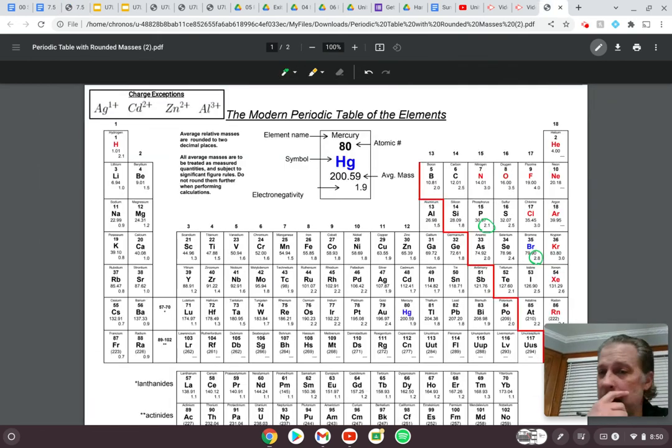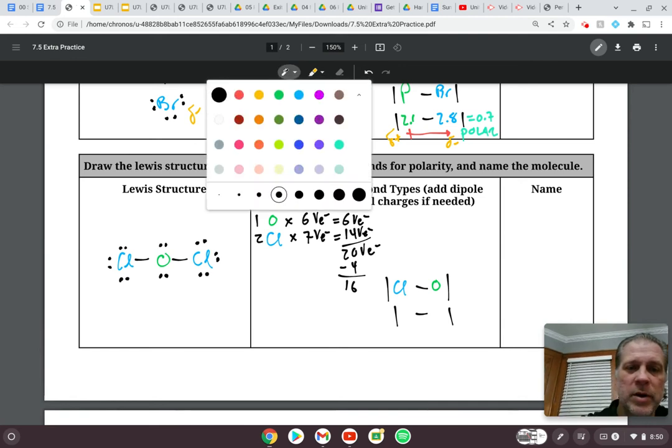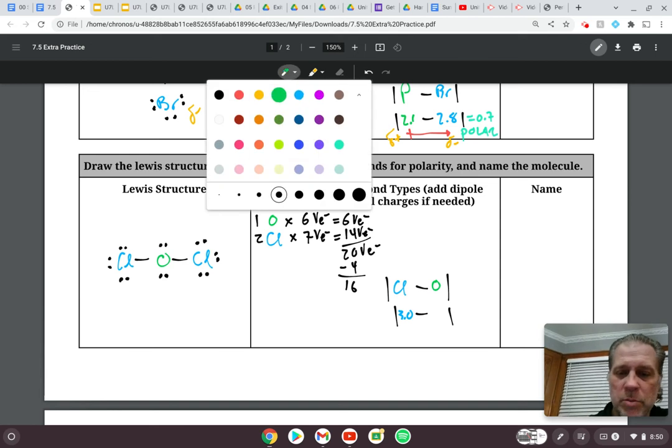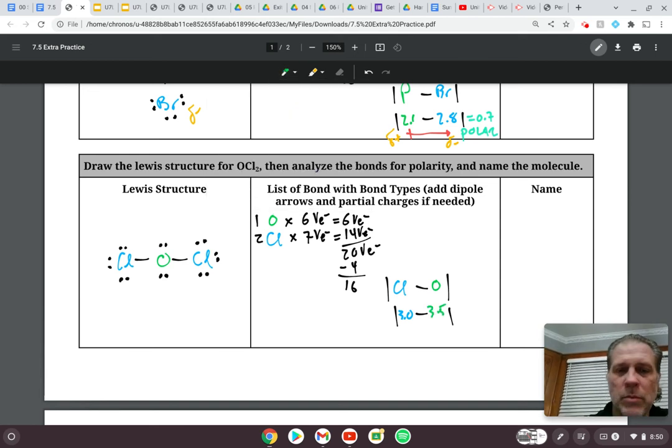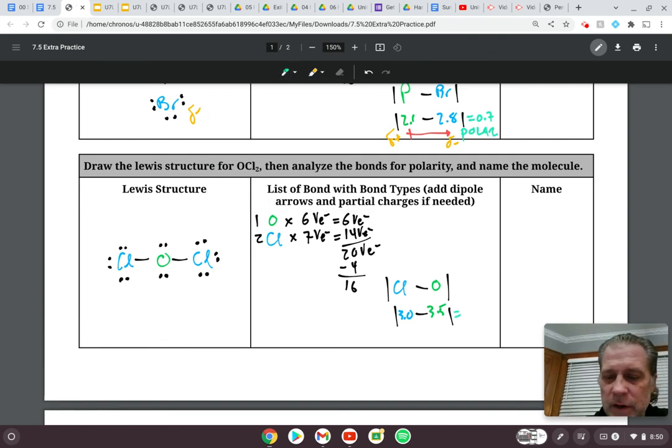If I go to my periodic table, I'm going to see that chlorine is 3.0, oxygen is 3.5. I'm going to subtract them out and find out that the difference there is 0.5. So that makes it a polar compound.